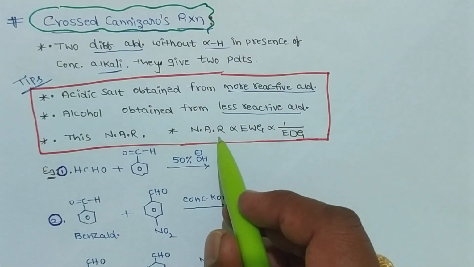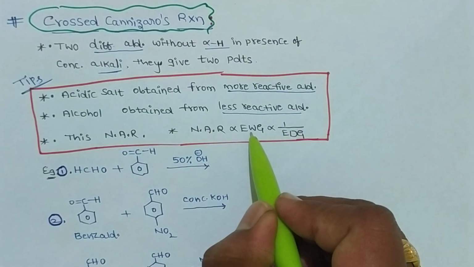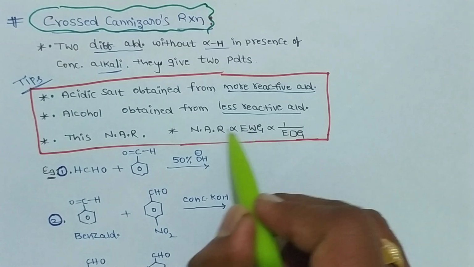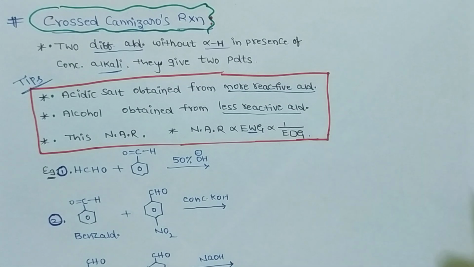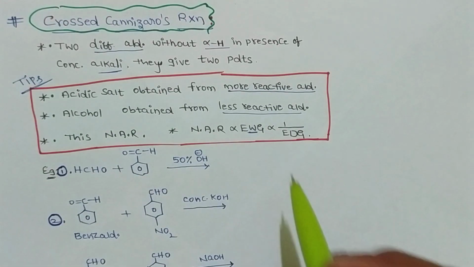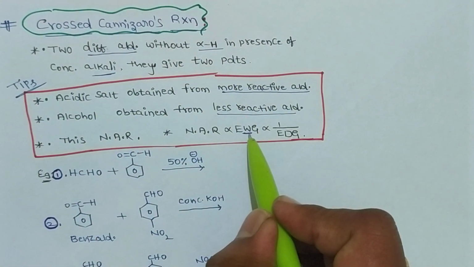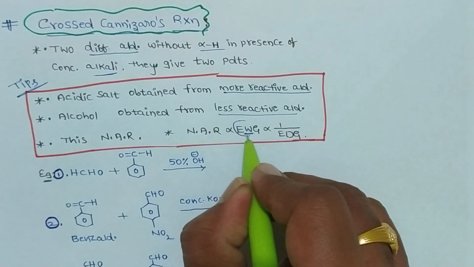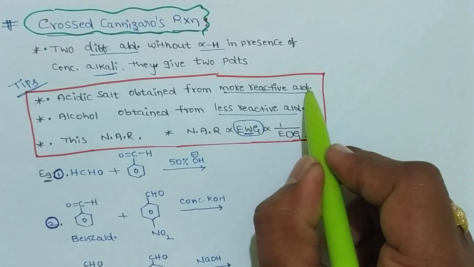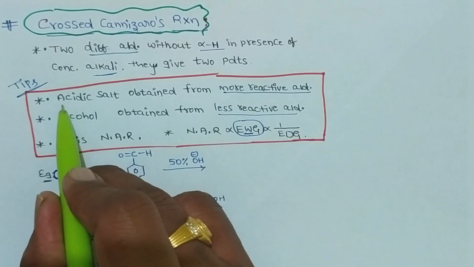Generally, nucleophilic addition reactions are favorable with electron withdrawing groups, not favorable with electron releasing or electron donating groups. The aldehyde which contains an electron withdrawing group is more reactive, and that more reactive aldehyde will give the acidic salt.